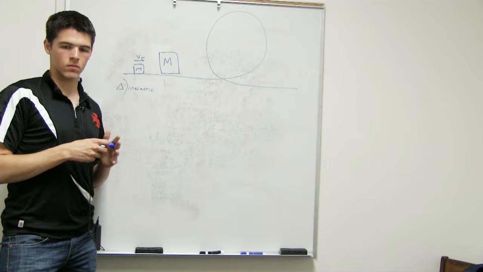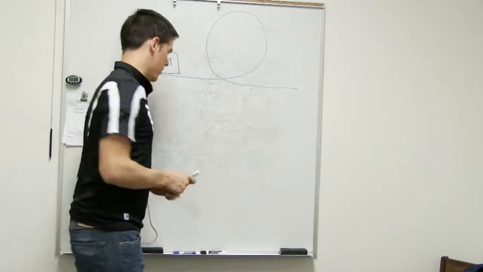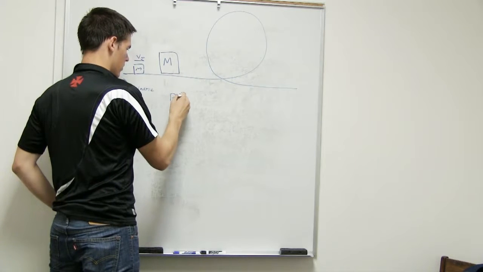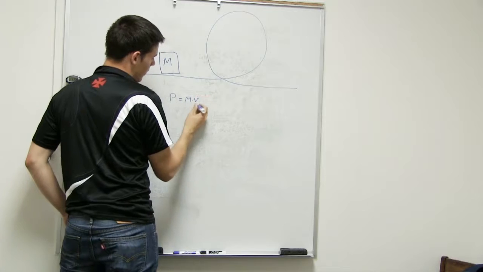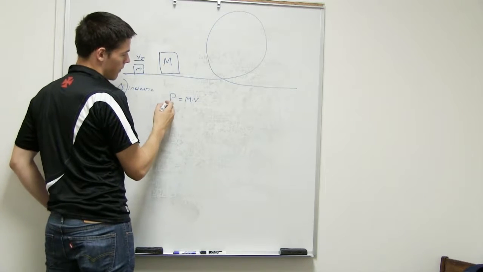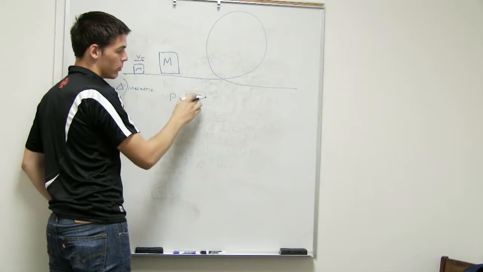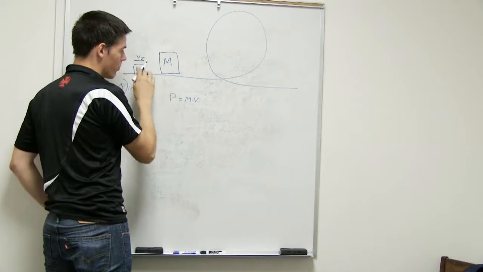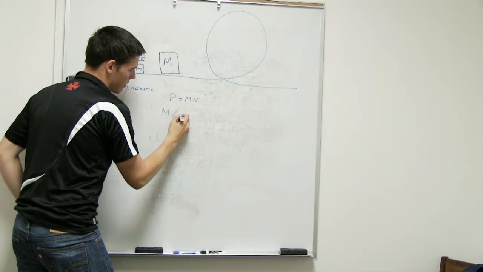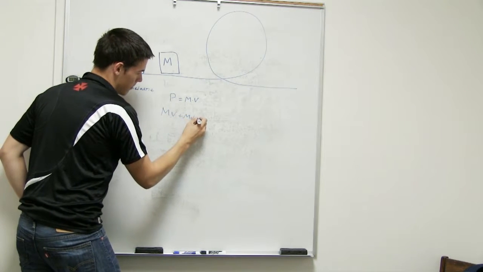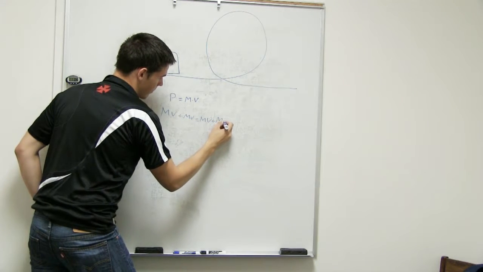Okay. So as far as collisions go, you just have p equals mv, right? Your momentum is equal to your mass times your velocity. So in this case, we're going to have our initial momentum and our final momentum of both blocks. So I just write it out like that: mv plus mv equals mv plus mv.